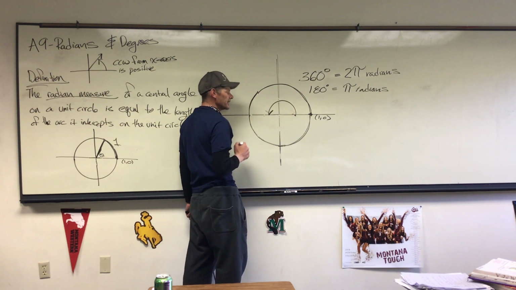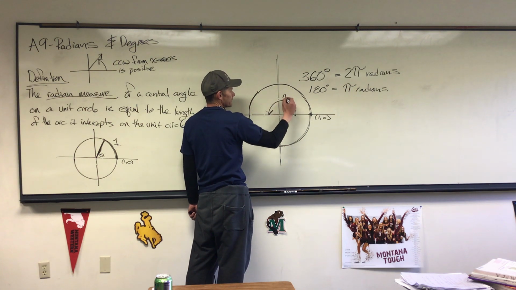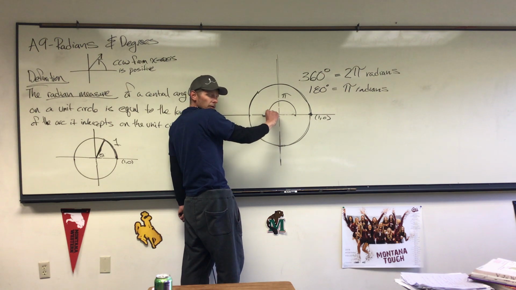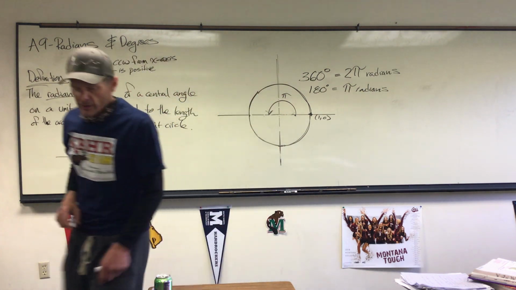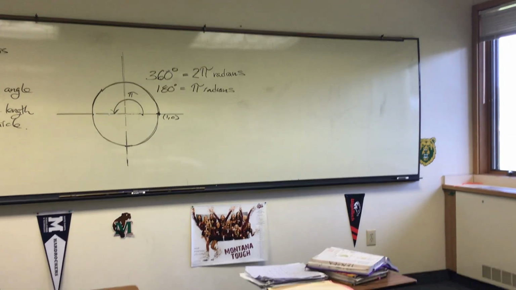Boom. That is pi radians. So we have turned pi radians when we go from the x-axis to the negative x-axis, I guess. So, but now we are on to the place where we can figure out our conversion factors. And so I'm going to write what I just wrote in 2 different ways.